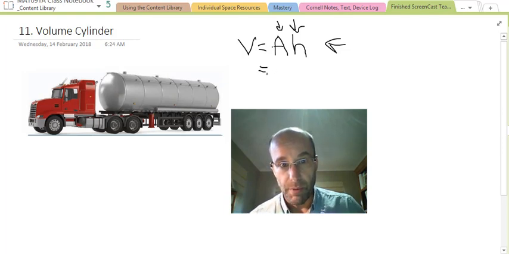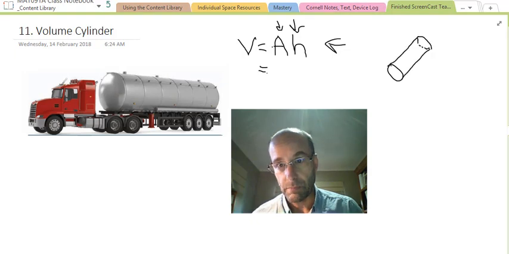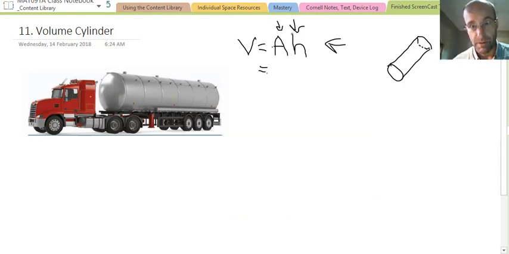With a cylinder, it's a little bit like a prism that has a circular cross-section. There's an example there, and the cross-sectional area is that circular shape.